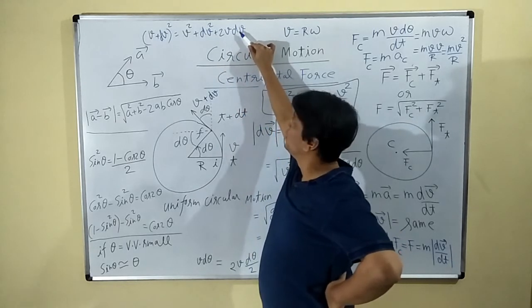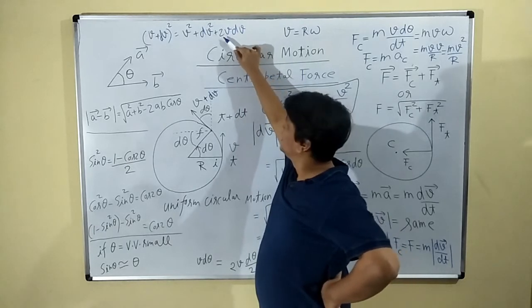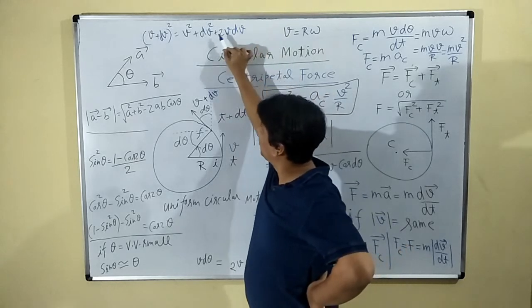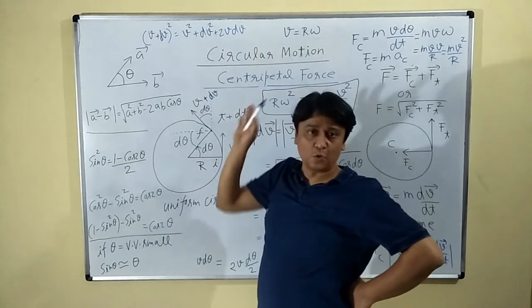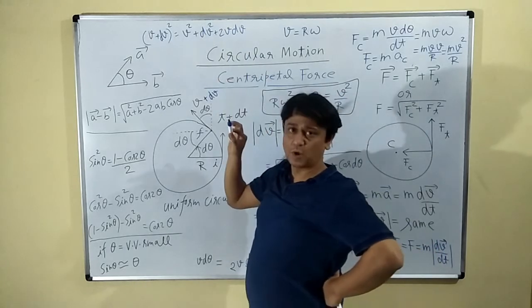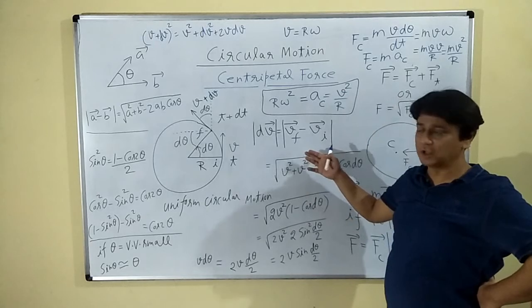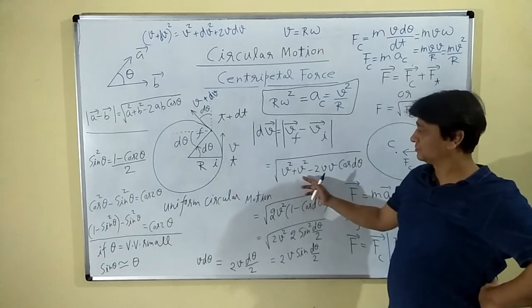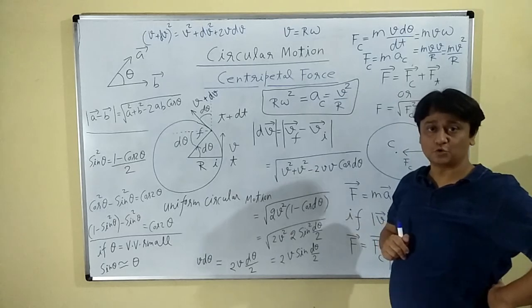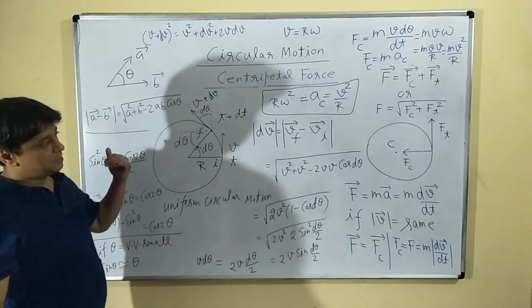A small number. When you multiply a small number like dv with something v, then again the whole thing becomes small. And therefore, out of these three parts, the only thing which is significant is v square. इसका मतलब अगर आपने यहां पर v plus dv square करके भी किया होता तब भी आप दोनों को v स्क्वायर प्लस v स्क्वायर बनाने वाले थे, 2v स्क्वायर. Now note down everything.